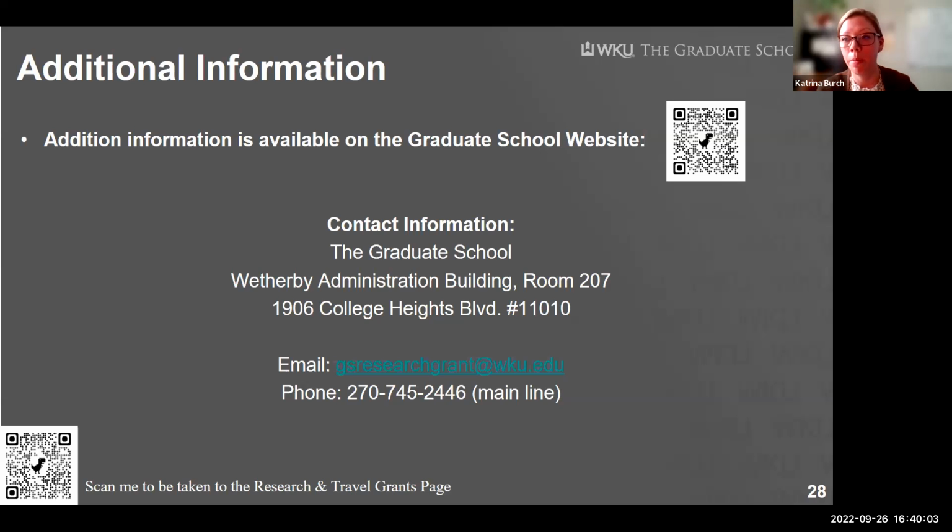So I know that we typically, once we have access to the applications, once they're put into the file, it can take the committee a week to two, depending on how many applications are received, to then review and make recommendations. And then the funding is often voted on at the following graduate council meeting.